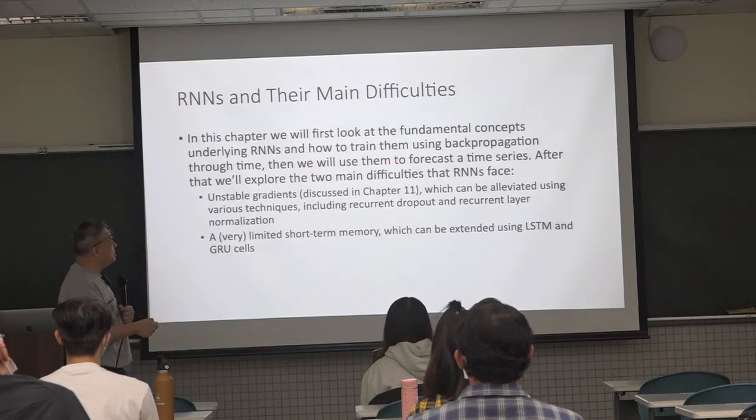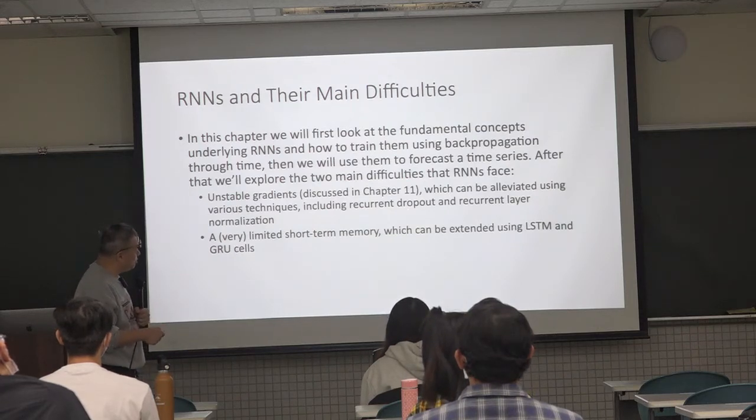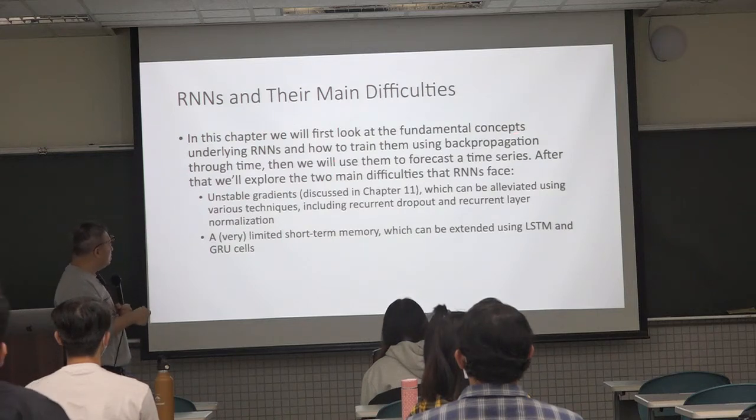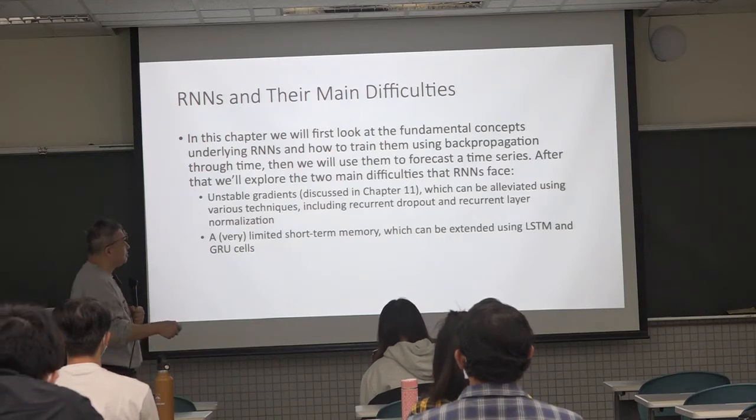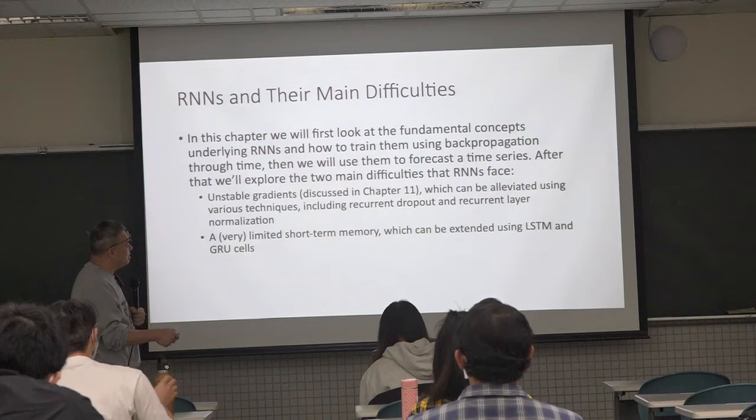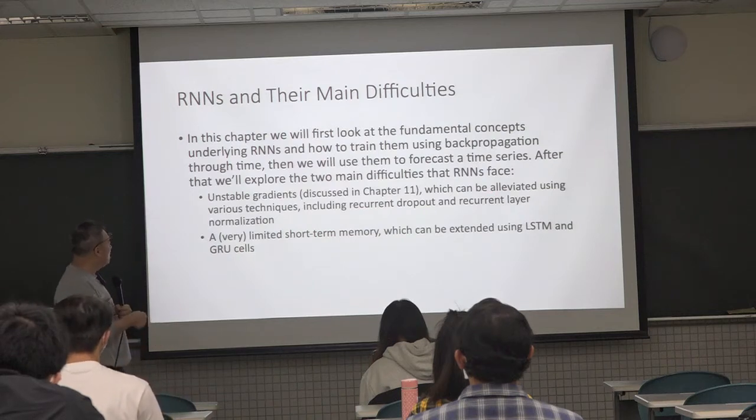But for RNN, it's going to be even more difficult, because backpropagation through time increases the chance for unstable gradients to happen. This can be alleviated using various techniques, including recurrent dropout and recurrent layer normalization, which we are going to talk about later.